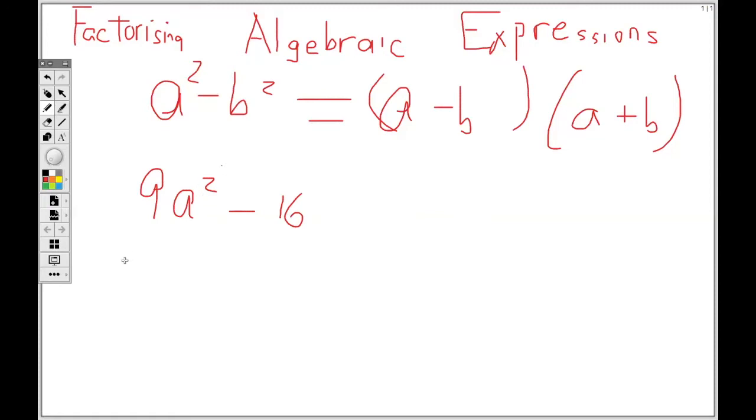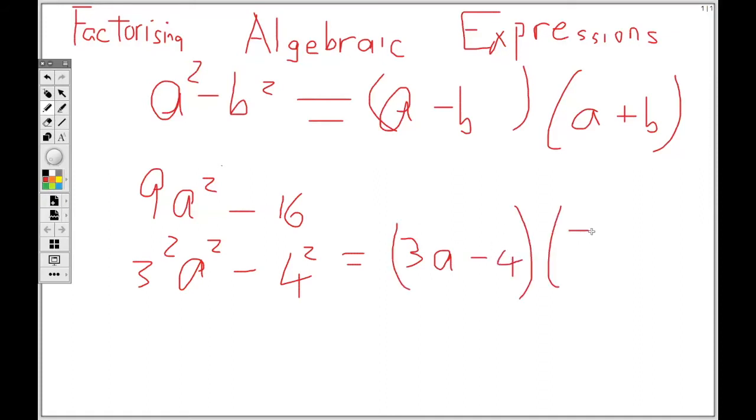So 9 is the same thing as 3 squared, and 16 is the same thing as 4 squared. So rewriting this as difference of two squares, we will have 3a minus 4 and 3a plus 4.